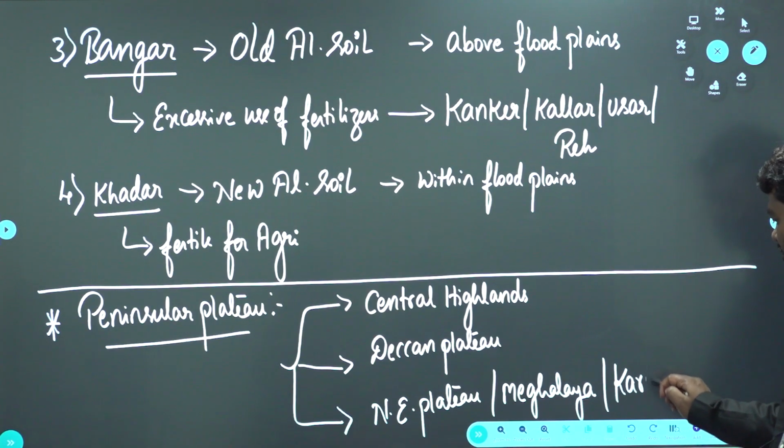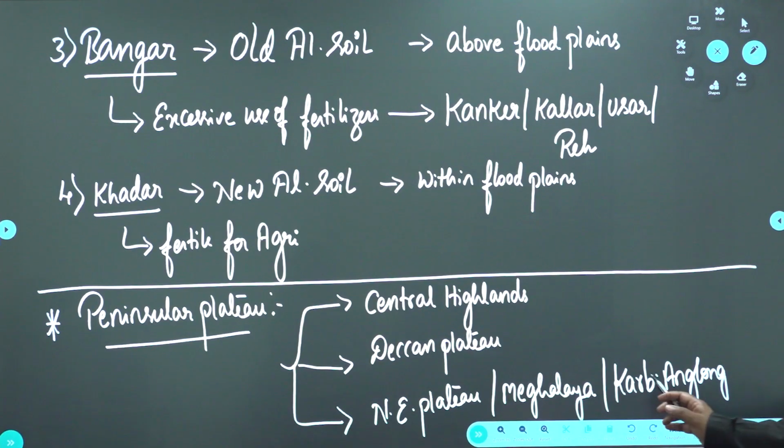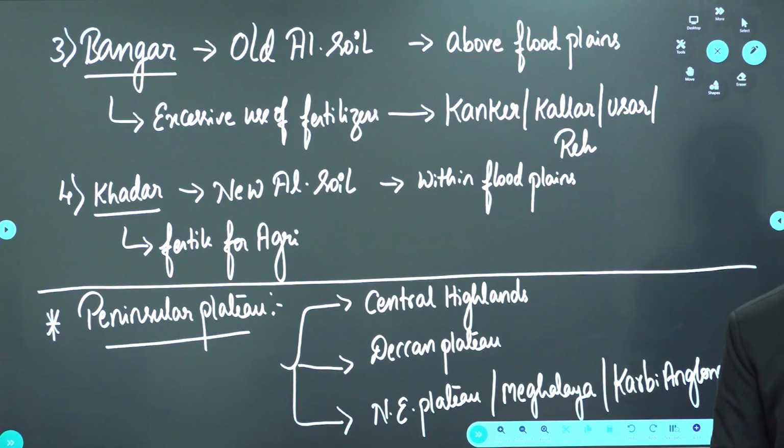Another name for this is Karbi Anglong Plateau. Remember, Karbi Anglong is Naga dominated areas in Assam. Okay. Done?